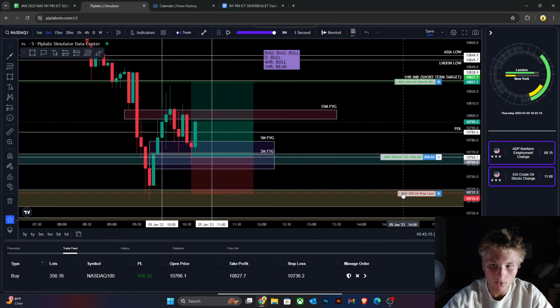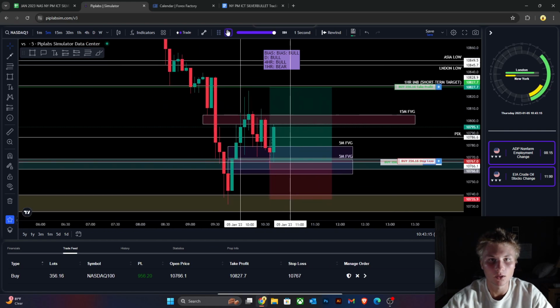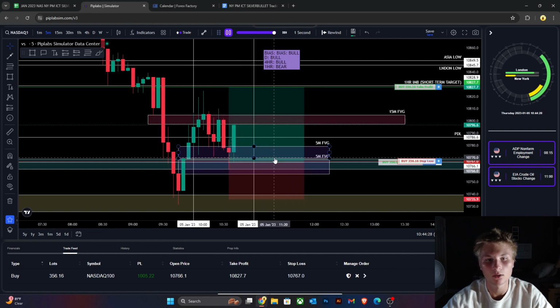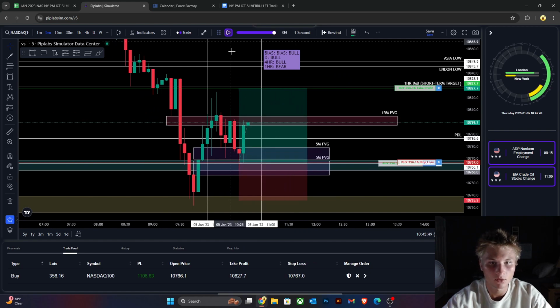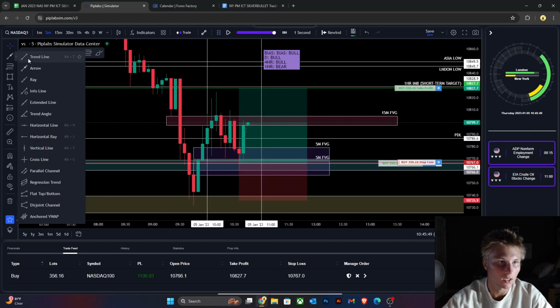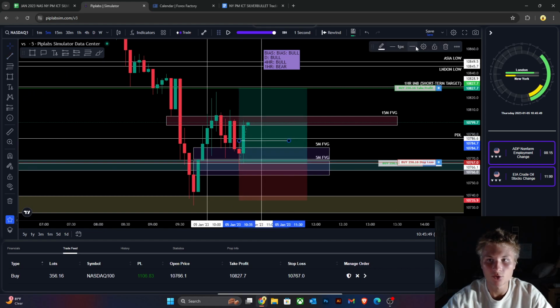Boom, 1-on-1 hit. We're gonna move stops to break even here, making this a risk-free trade. I don't wanna keep risking when I'm already up what I risked, because a lot of people take their profits at a 1-to-1 RR, which I want my 1-to-2.